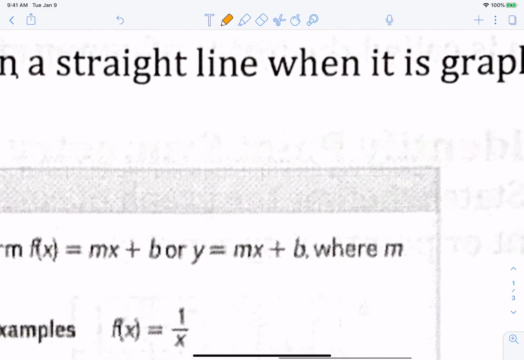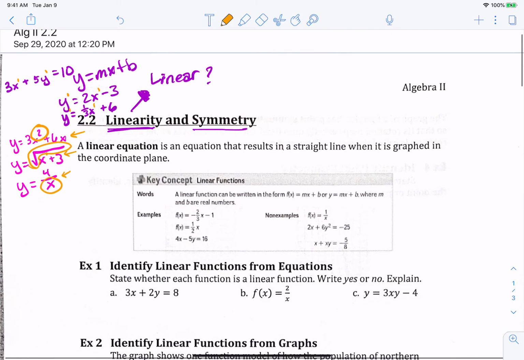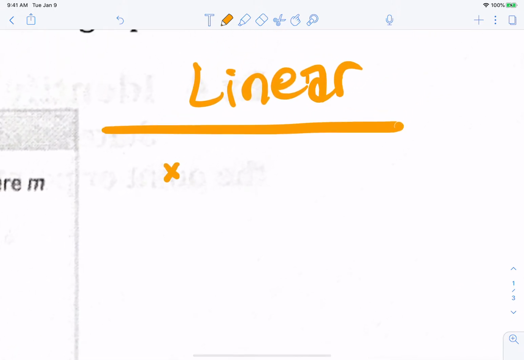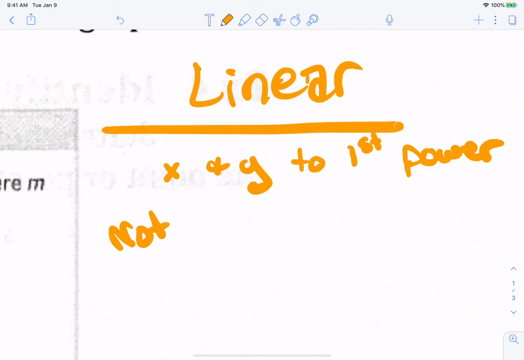So in order to be a linear function, these are my requirements. Linear has to have an x and a y to the first power, and it cannot include x squared, x to the third power, or any higher powers. It cannot have a square root of an x.